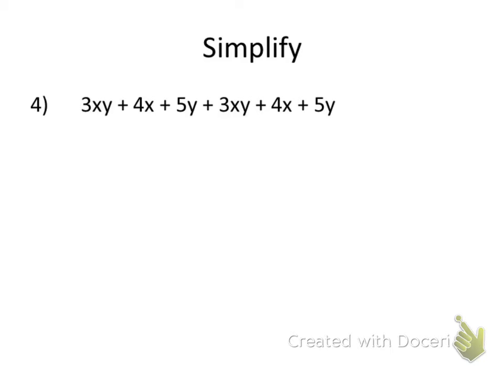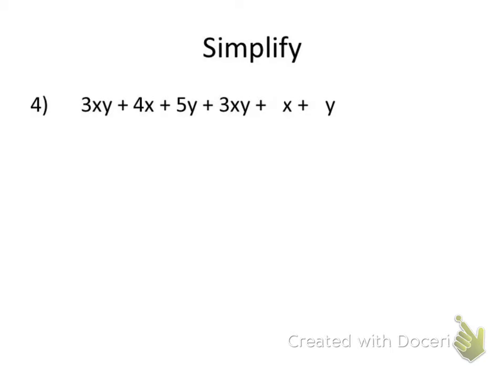I am going to change the last 2 terms to just y and just x. So write it just like that. Sorry, I realized earlier that I forgot to put ones where there's no coefficient, so we'll practice with this one. So we have 3xy plus 4x plus 5y plus 3xy plus x plus y.